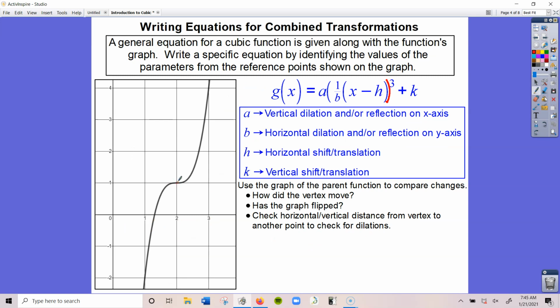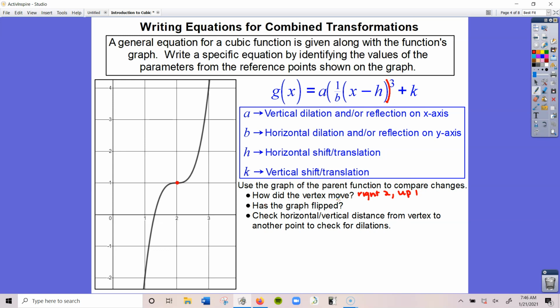The vertex is located right here. It's that middle part of the graph where it changes from like this little hill here to this little dip there. So this is my vertex. Since my vertex is located at 2, 1, and it's originally at 0, 0, that means that my vertex moved right 2 times and up 1.